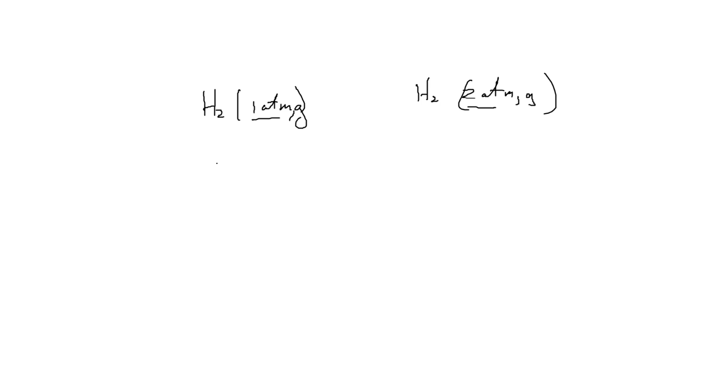Let me give you another example. Let's say I had copper, which is a solid, at 50 degrees Celsius. And let's say I heat that copper to 70 degrees Celsius. Again, these are two different states, just by the simple fact that the temperatures are different.